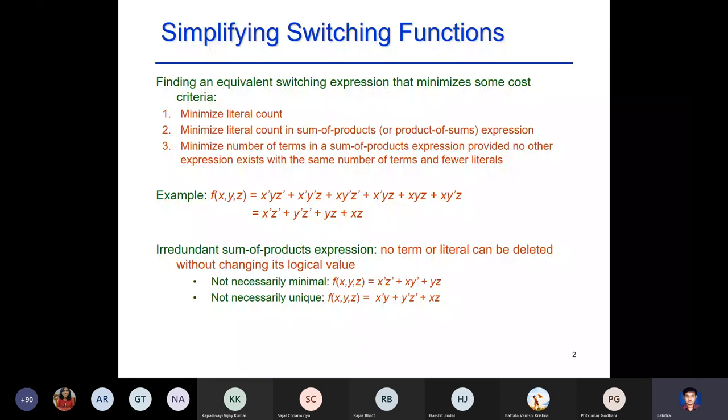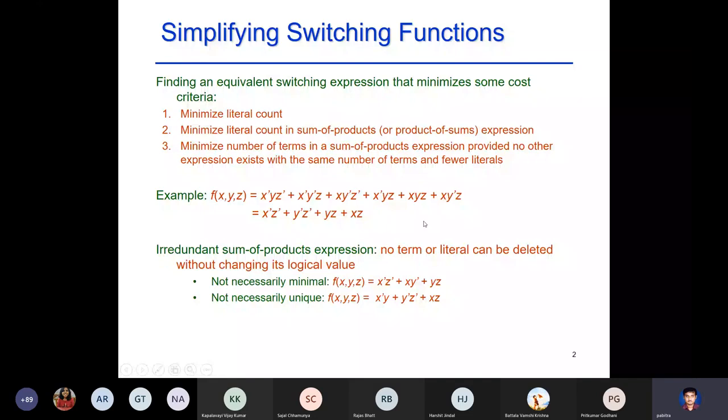One more important thing is that if you write in the sum of products form, we have a notion of a min term. A min term, as you know, is a product term involving literals, either complemented or not complemented.